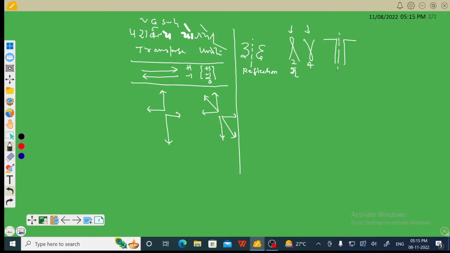We are also having the expressions like this and inverse like this.